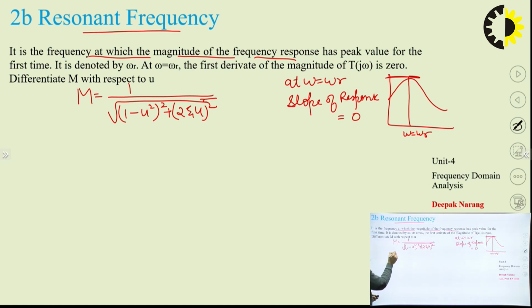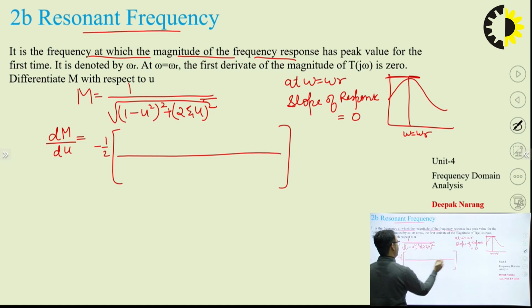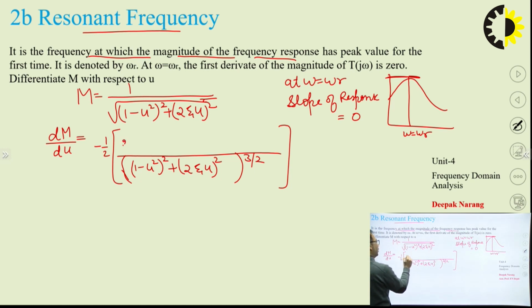So if we take the slope by differentiating this magnitude with respect to normalized frequency, we get minus 1 by 2 into 1 minus u square whole square plus 2 zeta u whole square raised to power 3 by 2, and here we will get 2 into 1 minus u square into minus 2u plus 8 zeta square u.